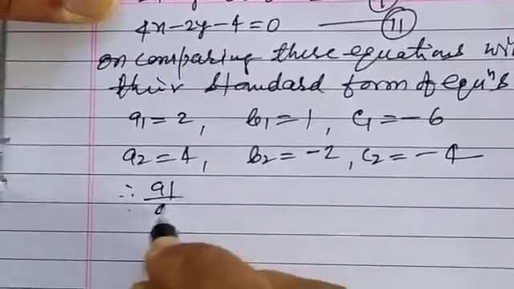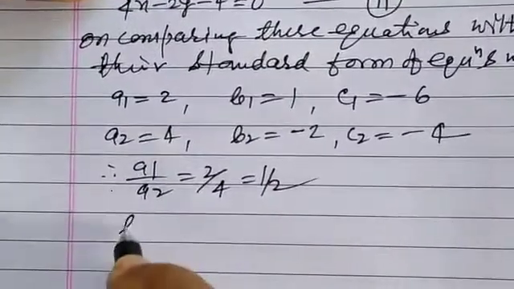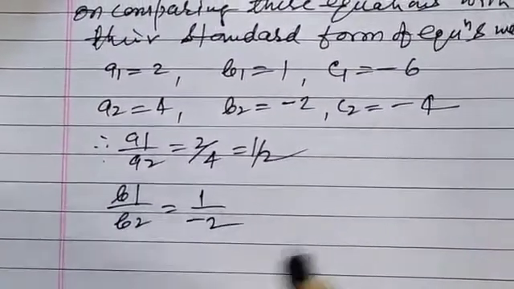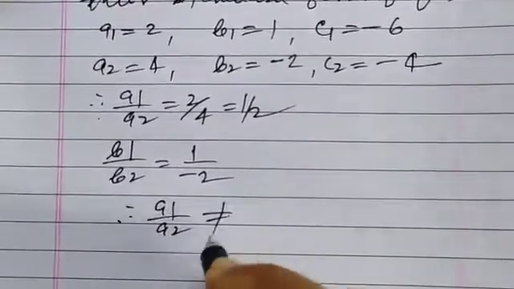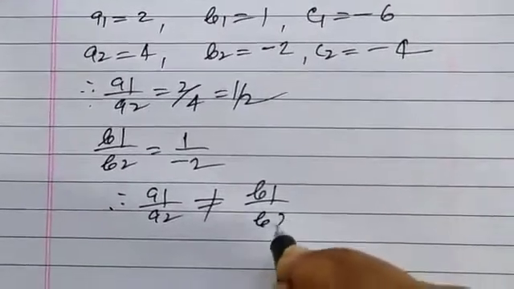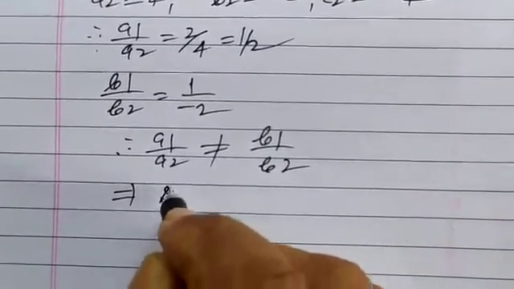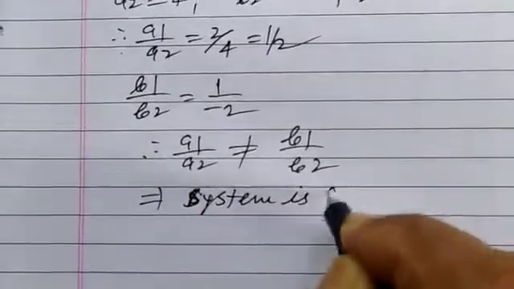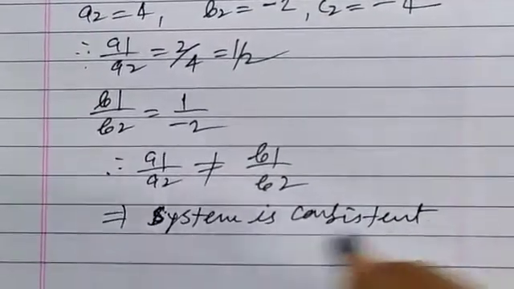Therefore, A1 upon A2 is 2 upon 4, that is 1 by 2. B1 upon B2 is 1 by minus 2. Therefore, A1 upon A2 is not equal to B1 upon B2. This implies the system is consistent. Lines will be intersecting each other.